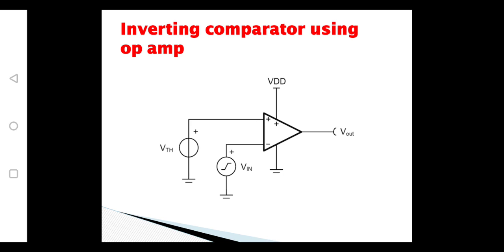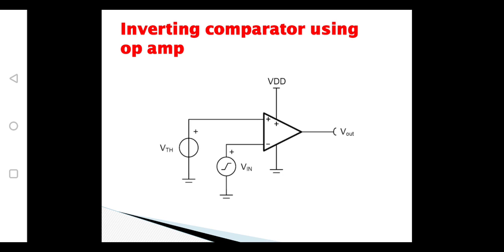So in the case of a comparator, one of the terminals is given the input signal and the other terminal is given some reference voltage. In this circuit, the input is given to the inverting terminal and the reference voltage or threshold voltage is given to the non-inverting terminal. For whichever terminal we give the input, we name the comparator by that type.